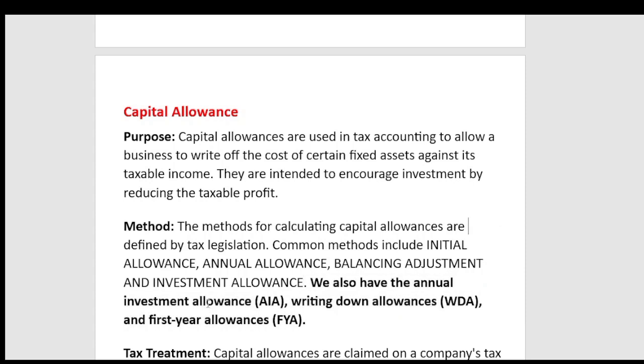All right. Now we also have the annual investment allowance, written down allowance, and first year allowance. I'm not going to explain this, because I don't want to confuse us. Let's just stick with those that we are familiar with. Right? So those are the methods.